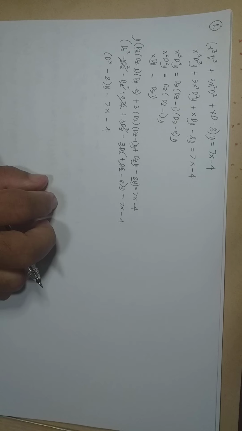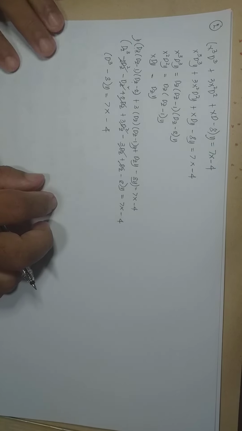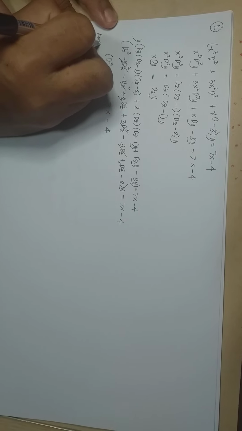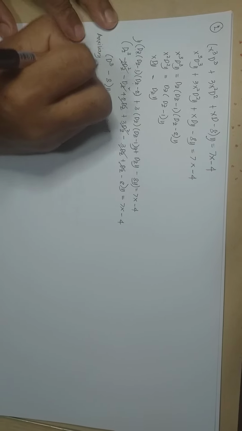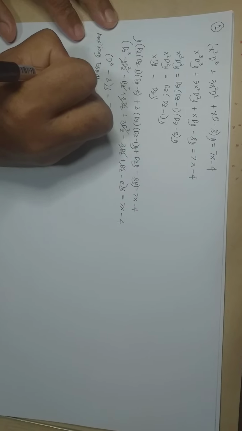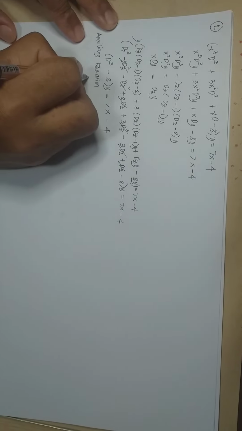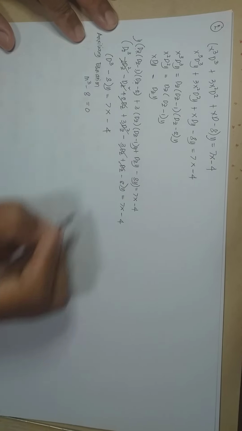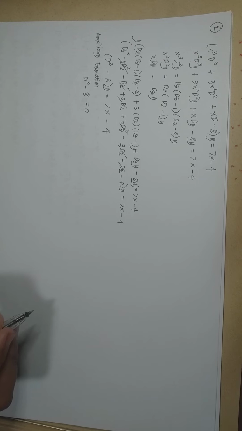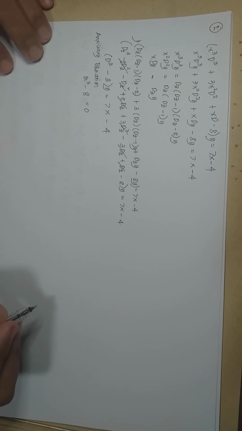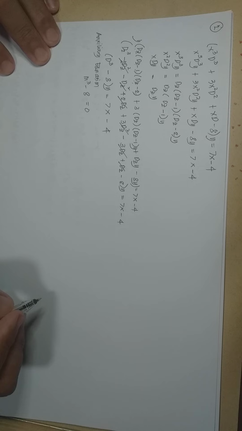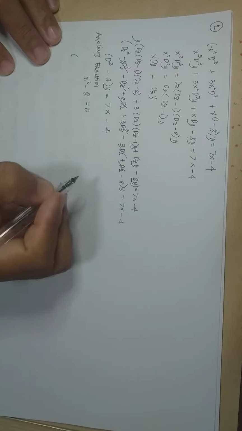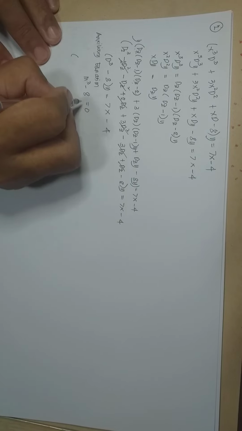So that's left. So let's have the auxiliary equation of this equation. We have m cubed minus 8 is equal to 0. So if that is m cubed minus 8 is equal to 0, what will be the factor of this? We factor this as m cubed minus 2 cubed.